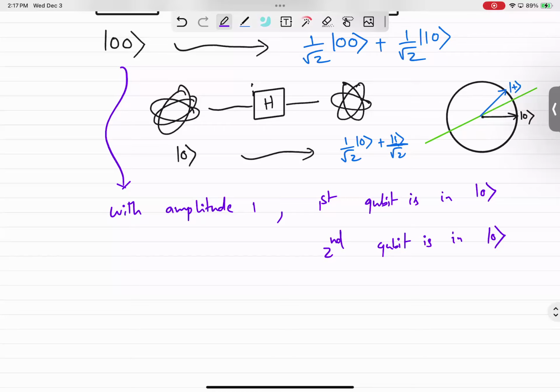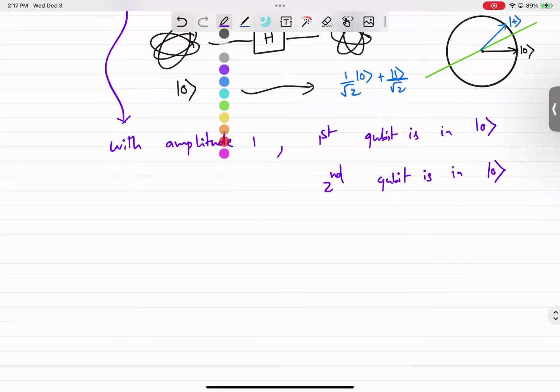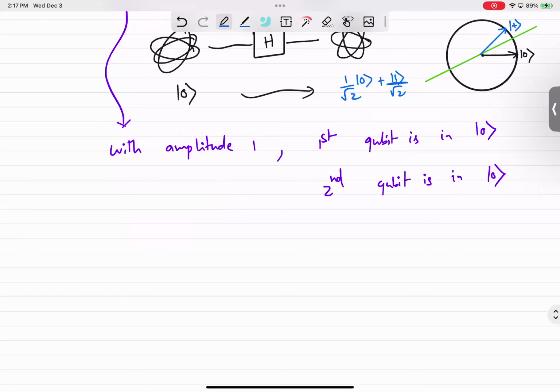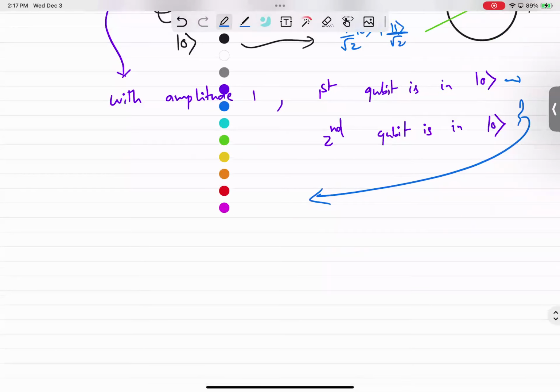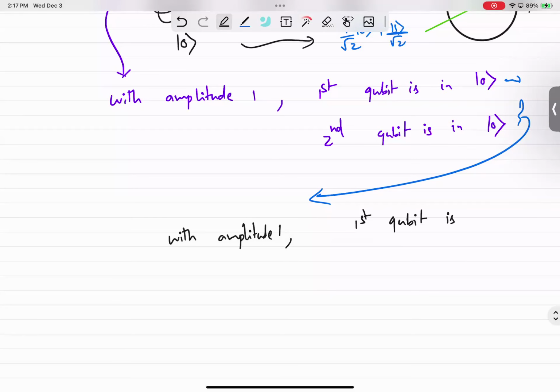And it might help you to do the calculation where you might say, okay, now if I apply the Hadamard gate to the first qubit, what would I get? I would get, with amplitude 1, first qubit is in plus, second qubit is in 0. Okay? But plus itself can be broken up, and that's what we essentially did.